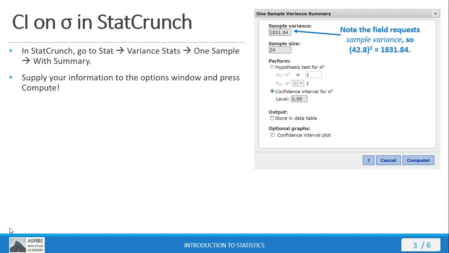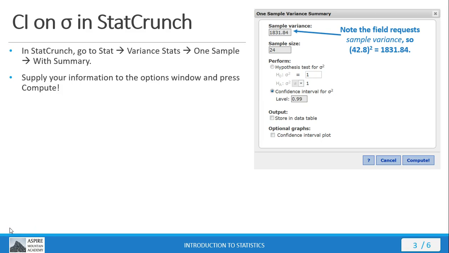Remember, the standard deviation for the sample was 42.8, but the field is titled Sample Variance. You're typically given the sample standard deviation, so to get the variance, you have to take that standard deviation and square it. That number gets put in the first field.